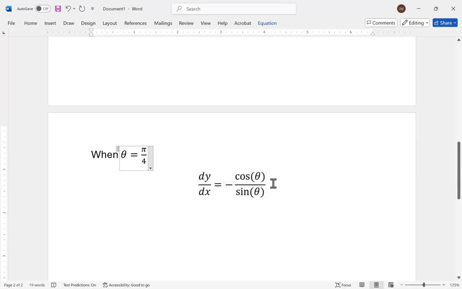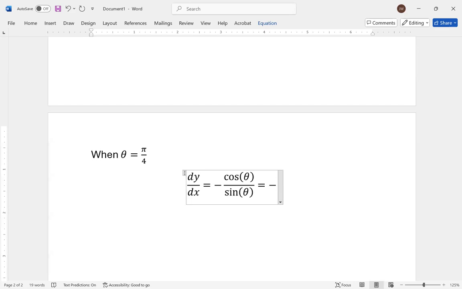All I do is plug it in. Cosine of pi over 4 is root 2 over 2. Sine of pi over 4 is root 2 over 2. So when that happens, I get negative 1. I won't do the rewrite or anything like that. When theta equals pi over 4, we get negative 1.